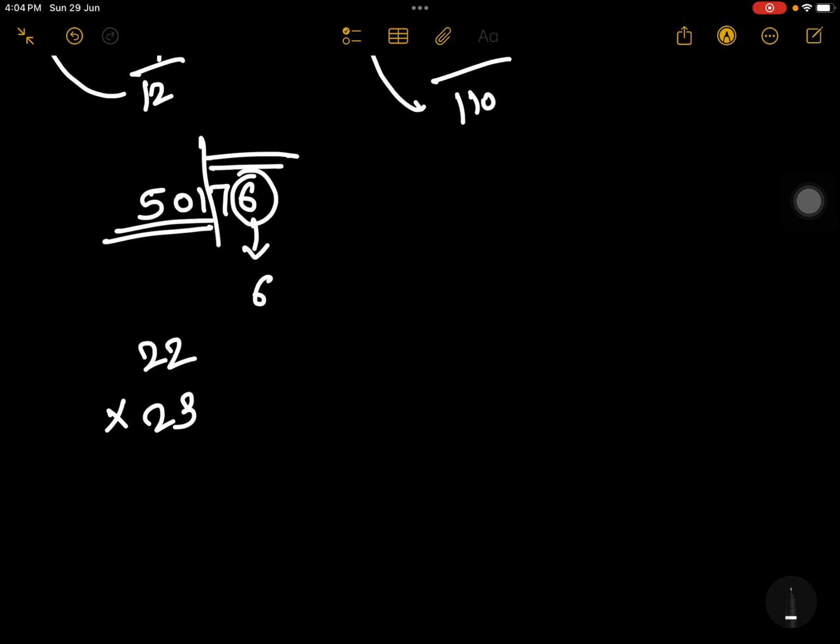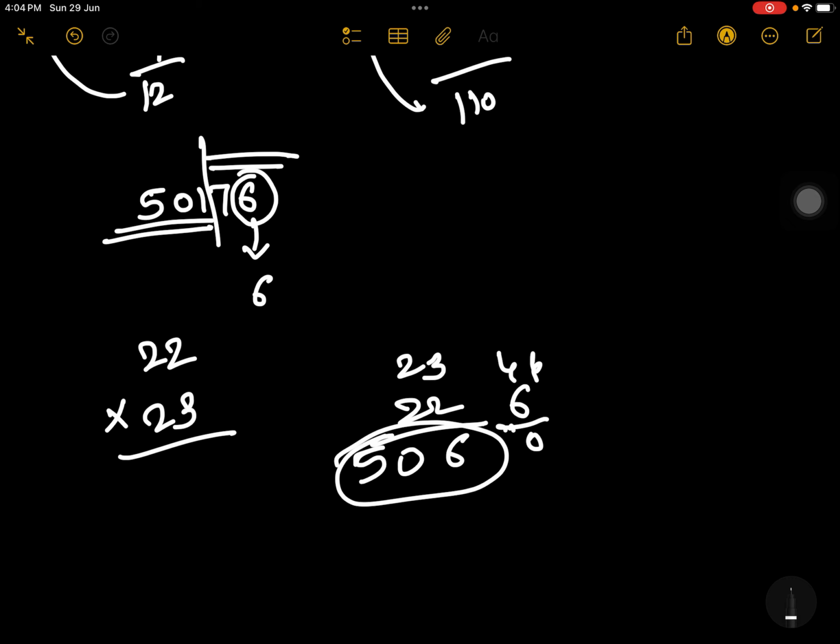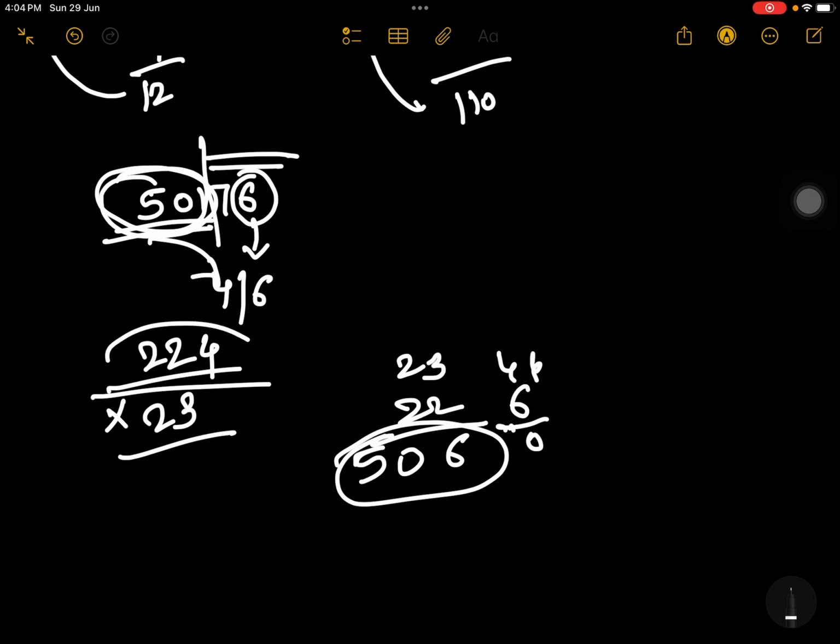The upcoming number is 23. 23 times 22 is 506. My number is smaller, so we go with the smaller digit, and the square root is this one.